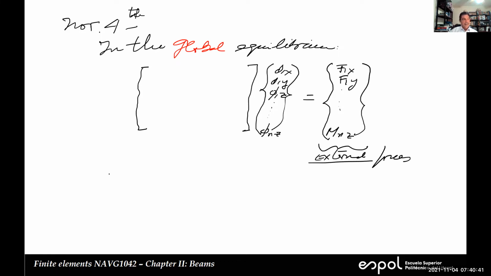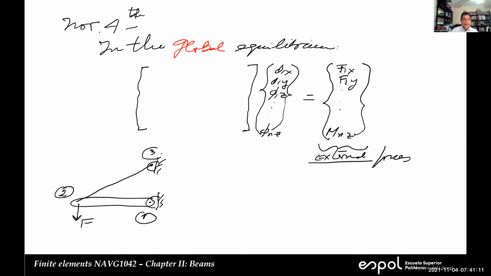For example, in the case of the evaluation, we have a bar like this. We have a cable here. And we have a force here. Let's suppose I call this joint 1, this joint 2, this joint 3.